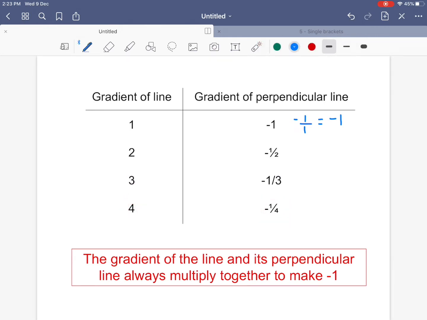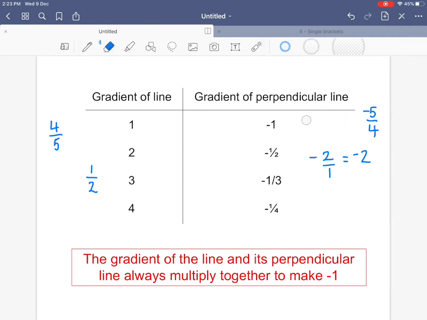So for example, if I added a few more into here, if I had 1/2, the negative reciprocal of that would be minus 2 over 1, or minus 2. If I had 4/5, then the negative reciprocal of that is minus 5 over 4.